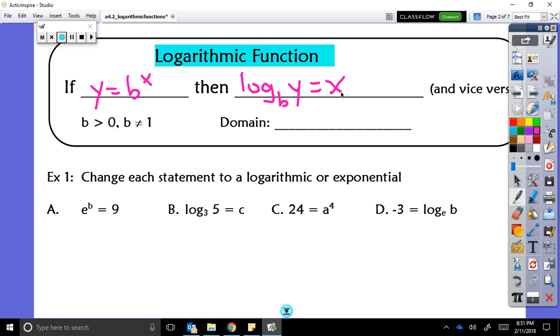Okay, b has to be greater than 0, can't equal 1, because 1 to the anything, you just get 1 the whole time. And then the domain of these is y has to be bigger than 0. Our range is all real numbers.